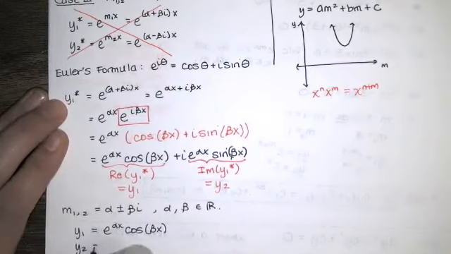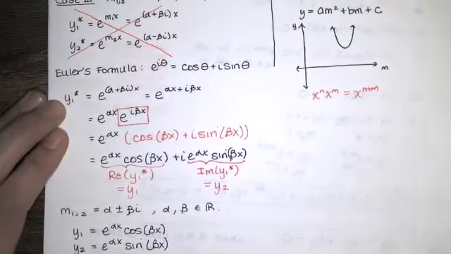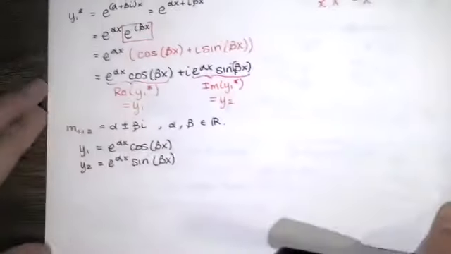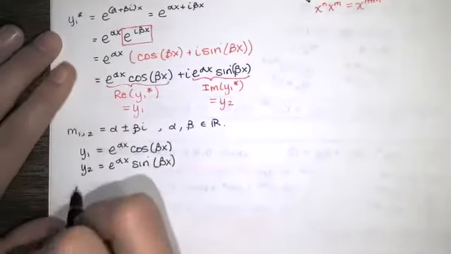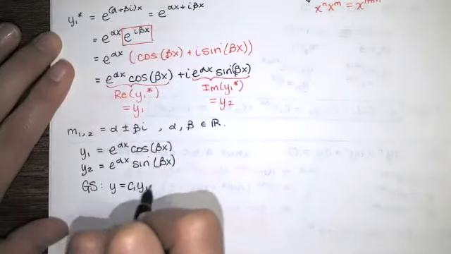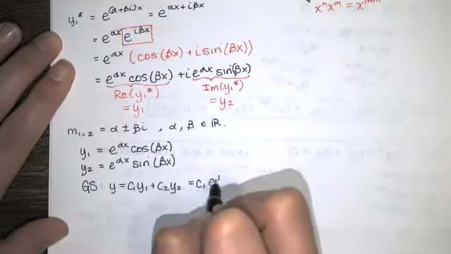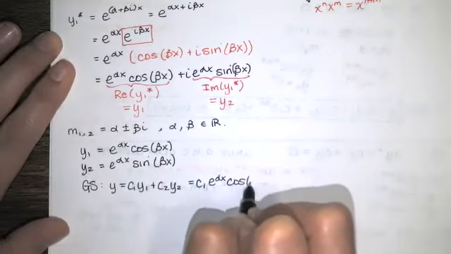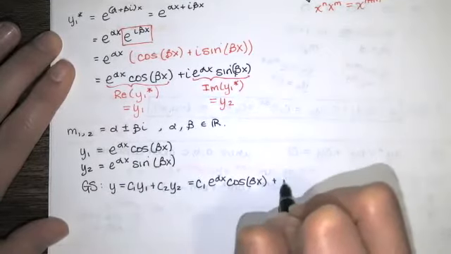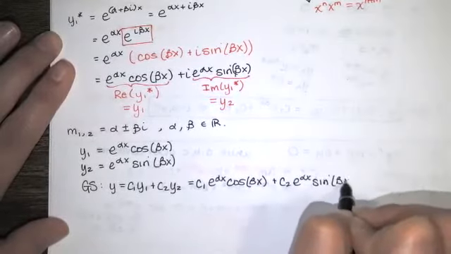And the second linearly independent solution is e to the alpha x times sine of beta x. And since we had a second order differential equation, the general solution is y equals c1 y1 plus c2 y2, which equals c1 times e to the alpha x times cosine of beta x, plus c2 times e to the alpha x times sine of beta x.